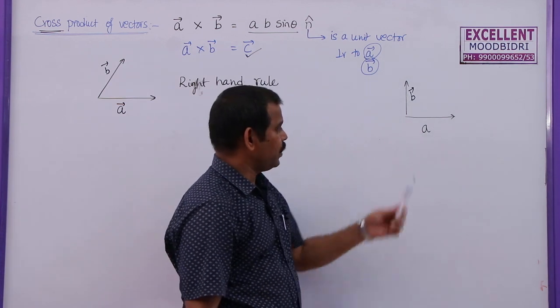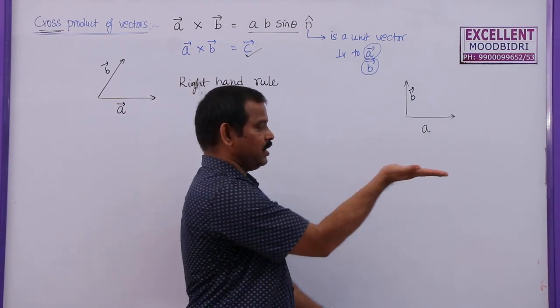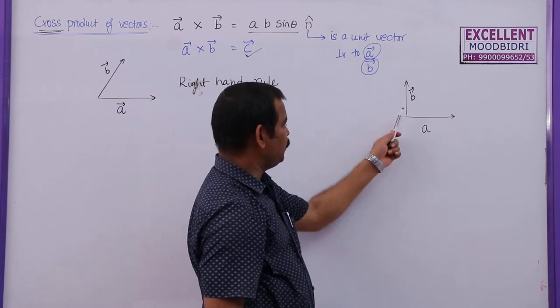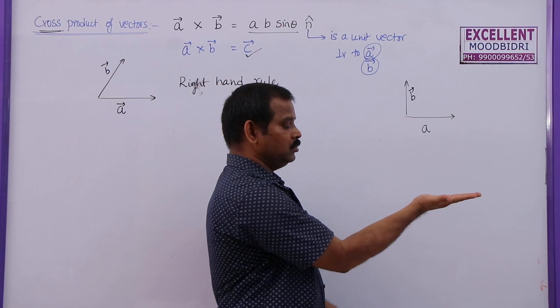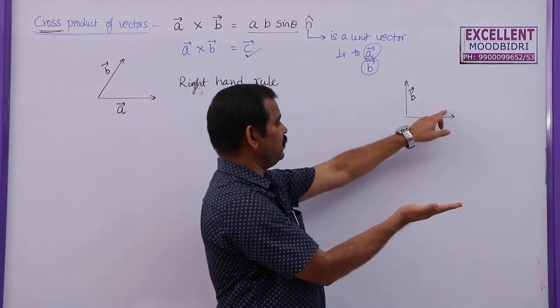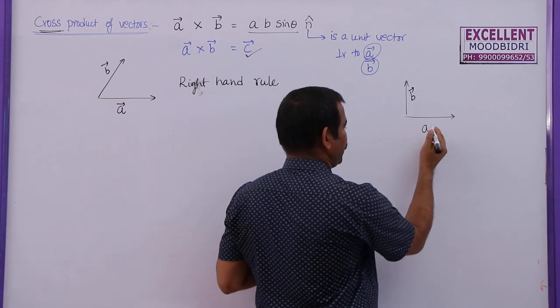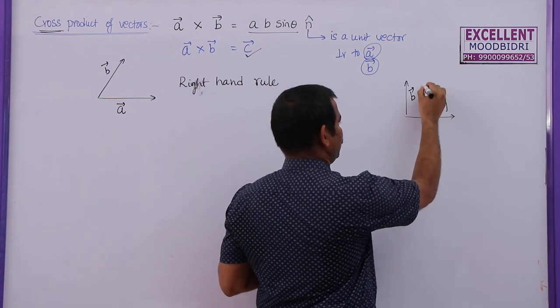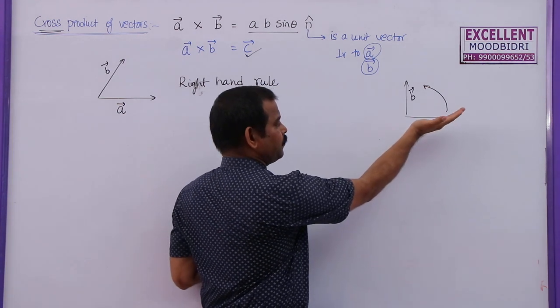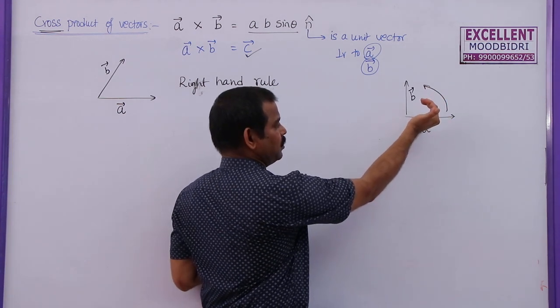Now you see these two vectors, A bar is acting like this. So I am keeping the palm like this. This is A bar and B bar is acting upwards. So you keep your palm like this only, and you are multiplying A bar with B bar in this direction. So keep your palm like this, bend your fingers in the direction of the multiplication.